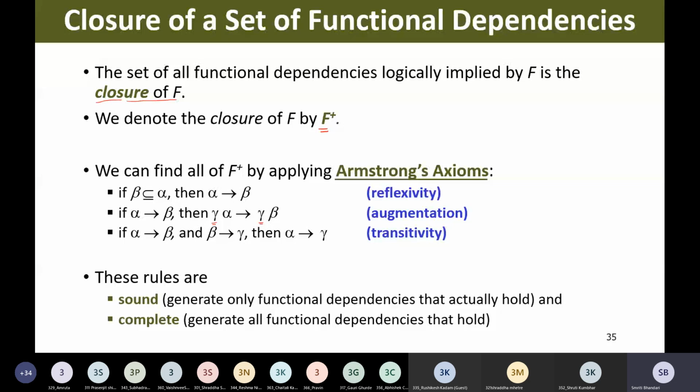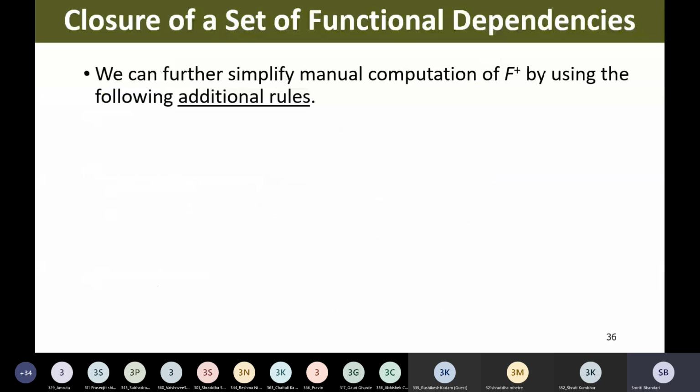So besides these three Armstrong's axioms, the basic rules, it is possible to have some additional rules as well. These additional rules simplify our manual computation of F plus. So what are those additional rules?